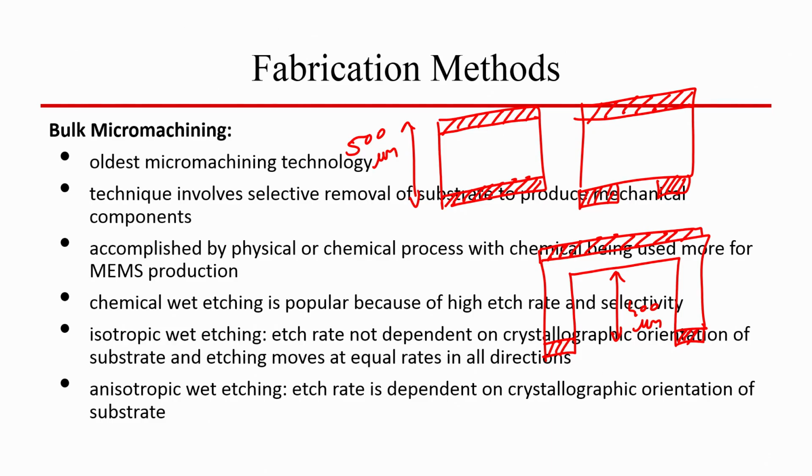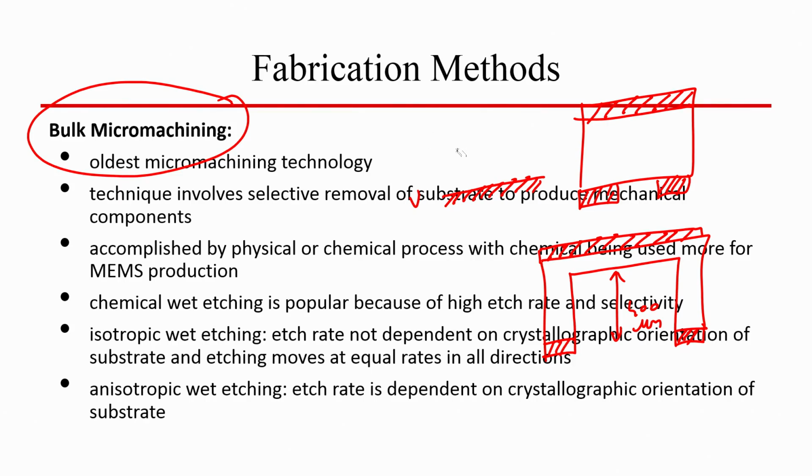So, I have machined it at a micron scale, right, such that I have removed only 400 microns, but out of 500 microns. So, a bulk part of it is removed, is etched or is machined, and that is why it is called bulk micro machining. You see, bulk micro machining, right. So, this is an example of bulk micro machining, and it is the oldest micro machining technology.